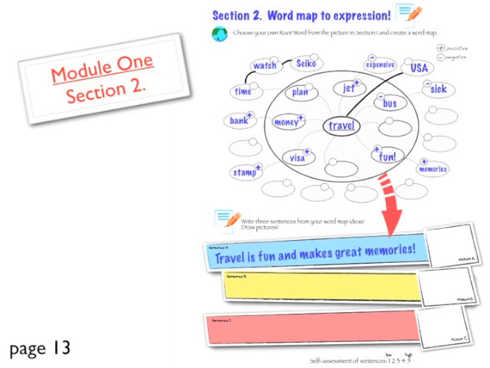All right. So what happened next was the students were asked to draw and write sentences representative of the data that they got from this word map. So sentence A here, it says, travel is fun and makes great memories. Again, I really don't worry about the students' grammar or spelling.